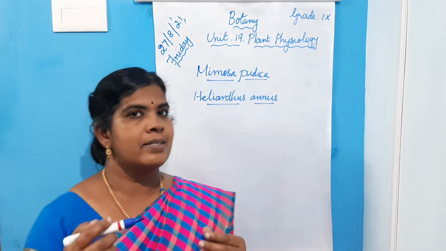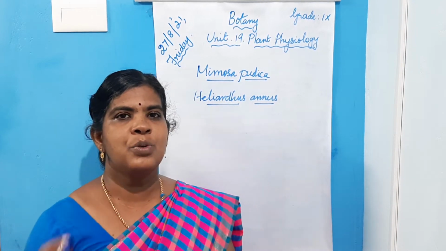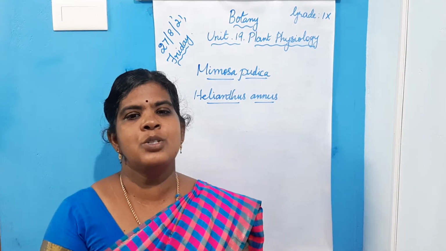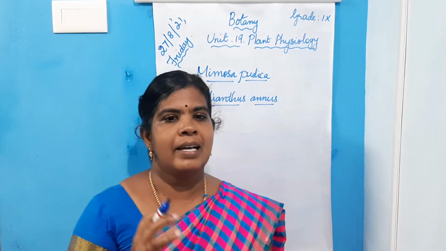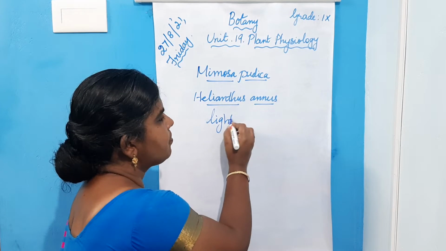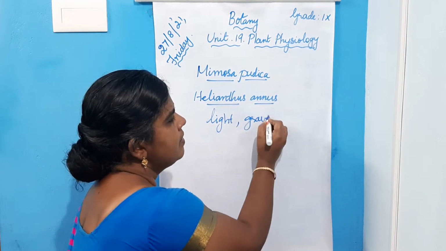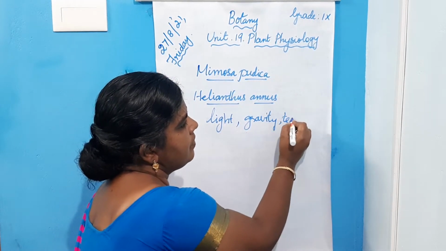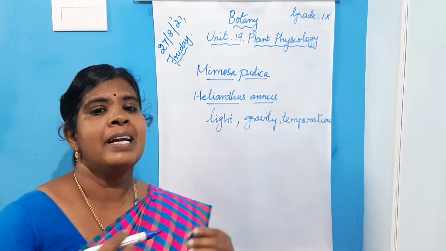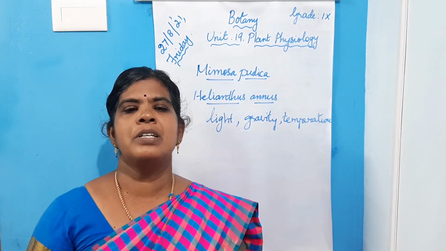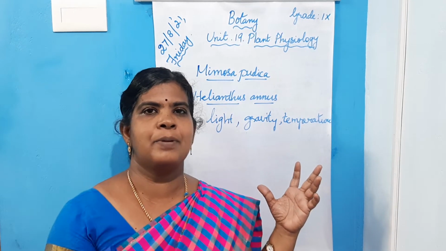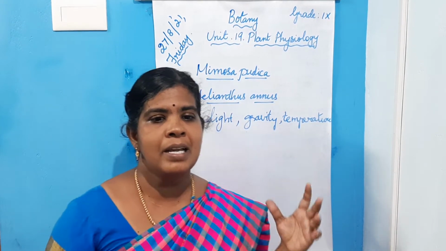They are sensitive to external factors like light, gravity, temperature, etc. So, in this unit, we are going to learn about various movements in plants as well as respiration and photosynthesis that take place in plants.